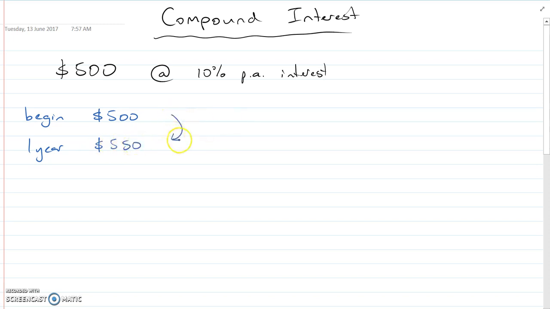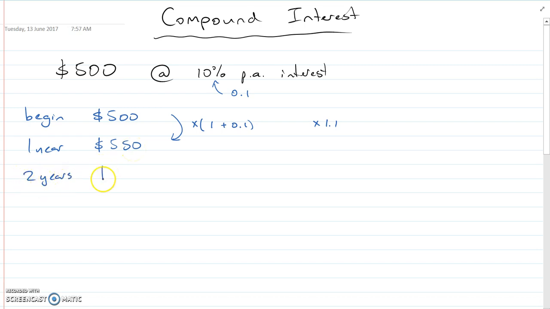What we could have done, 10% is 0.1, so we could have times this by 1 plus 0.1, which is the same as timesing by 1.1. If you take 500 times 1.1, you get 550.